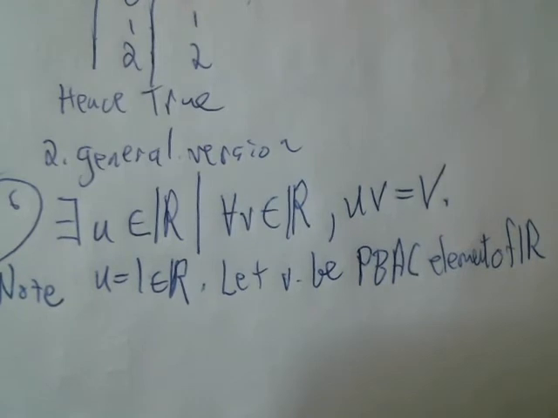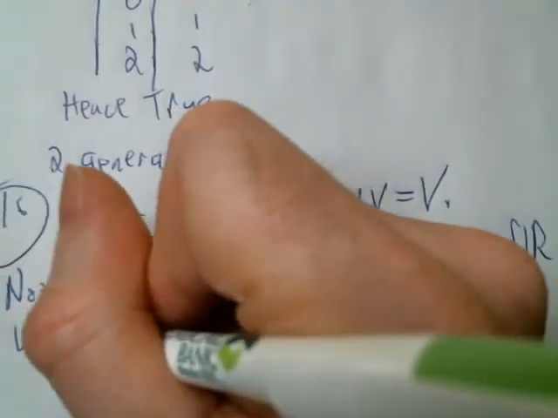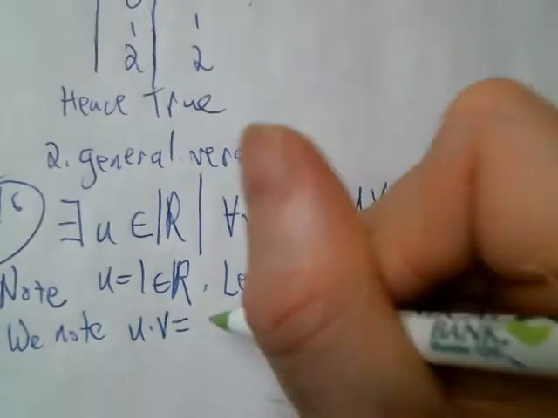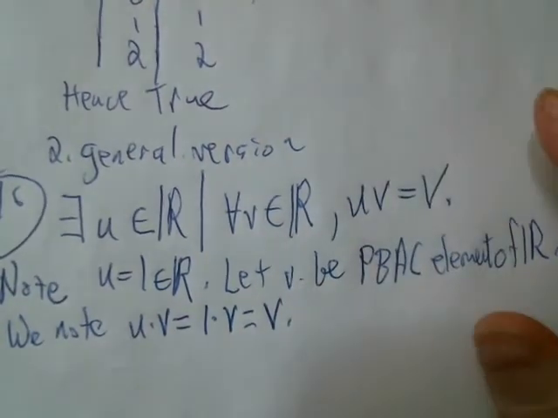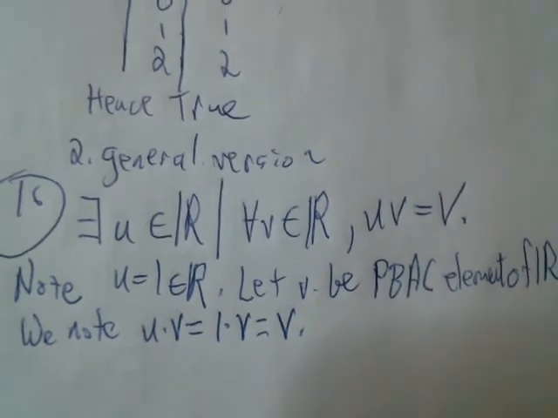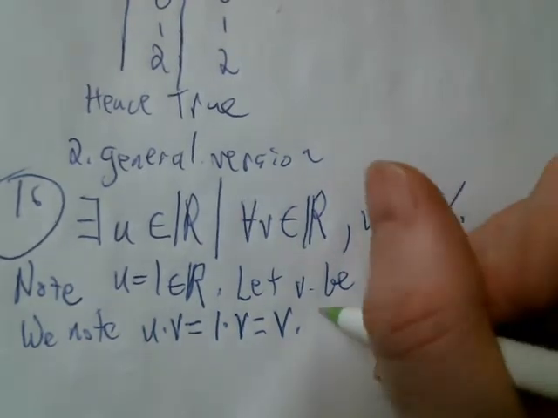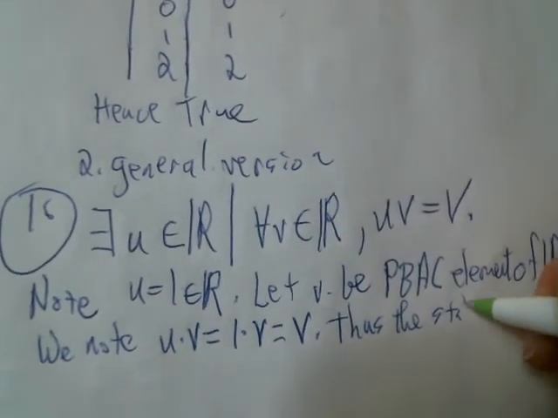Okay, so let v be a particular but arbitrarily chosen element of R. We note then u times v equals 1 times v, which will equal v. And so because v was chosen to be arbitrary, it holds true for all values of v. Okay, so I would just say this, thus the statement is true.